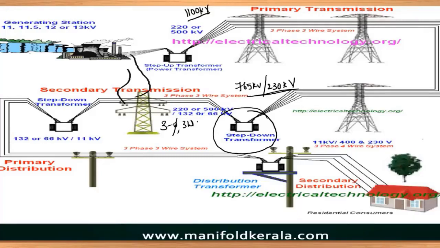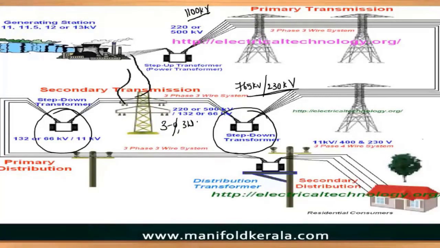After that, it will reach the local substation in your town or the substation on the outskirts of your city, depending upon the type of city. If it is a big city, then various strategic locations in the city will have substations.